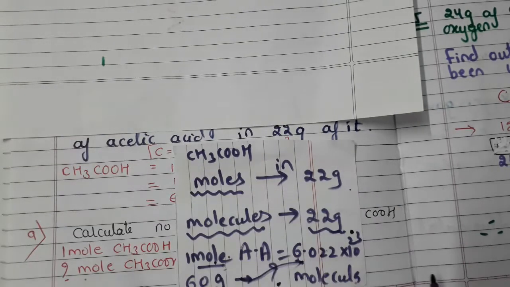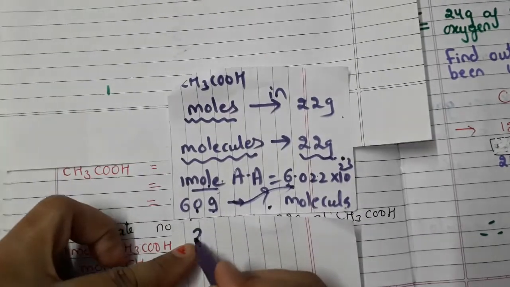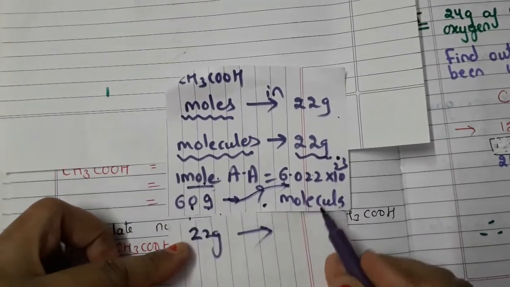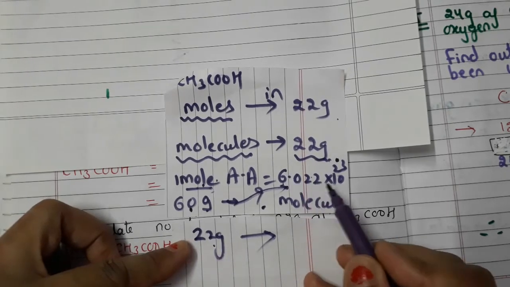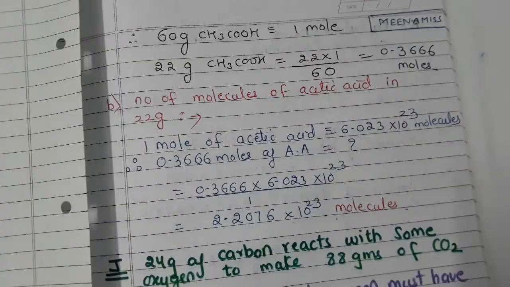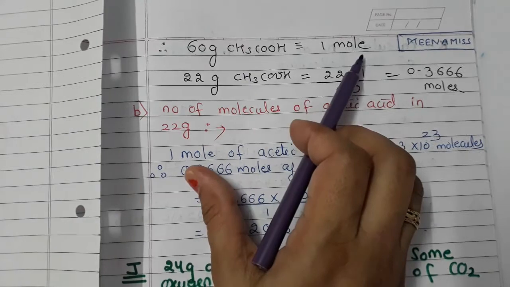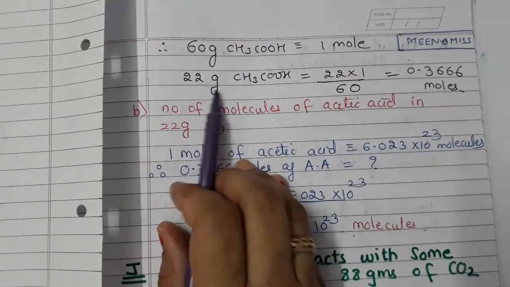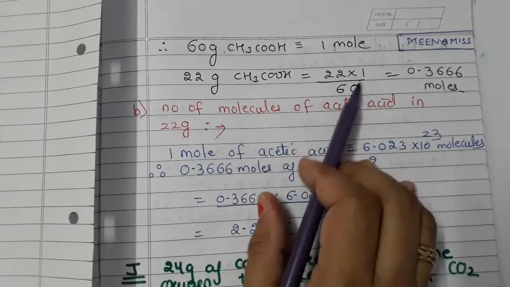If 60 gram contains this much, then 22 will contain how much? I'll have to multiply 22 into 6.022 into 10 raised to 23 upon 60, as I have already done over here. Just see, 60 gram of acetic acid is 1 mole, so 22 gram is going to be 22 into 1 upon 60.